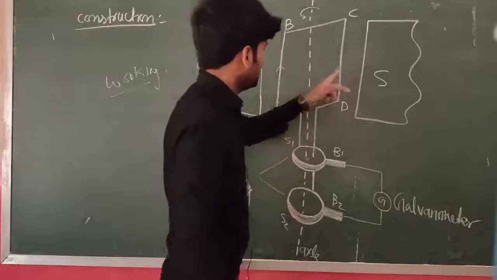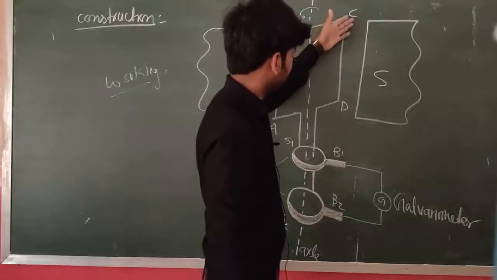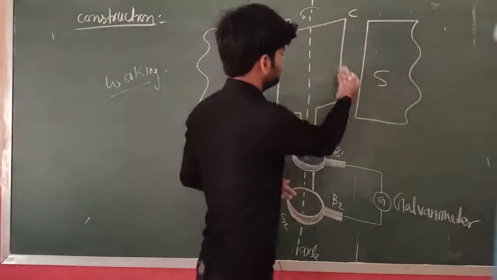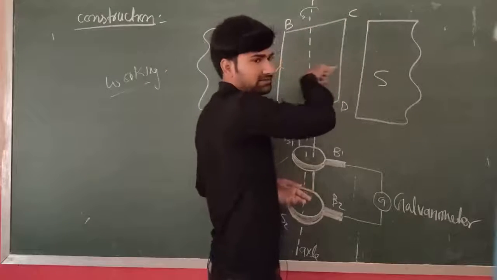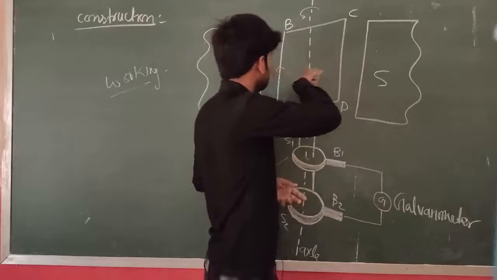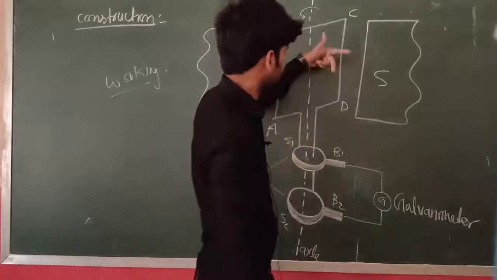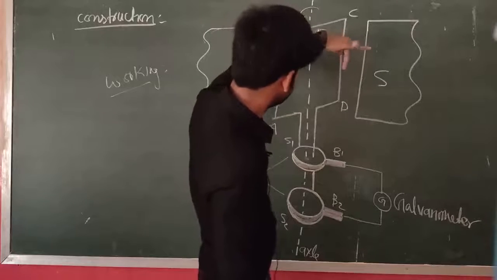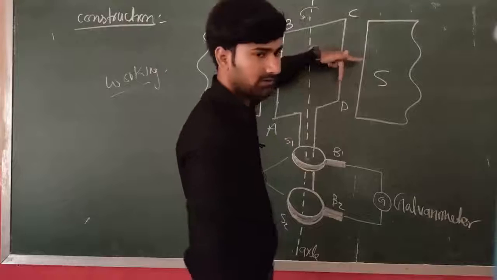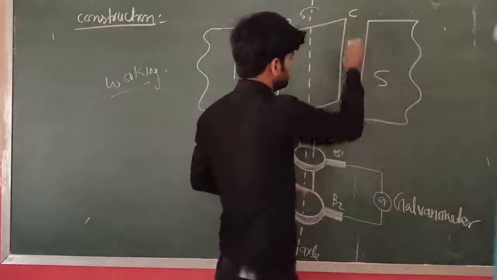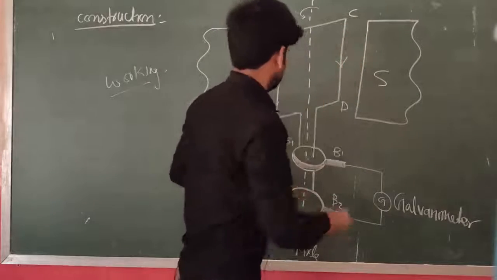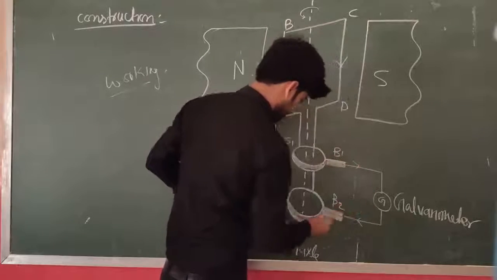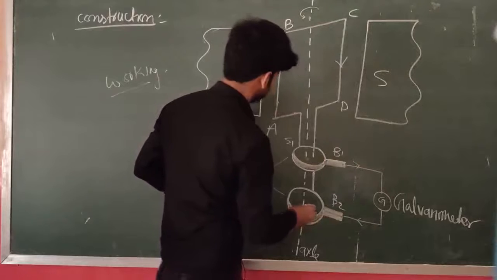Okay, and we can apply Fleming right hand rule here. So we can find this is moving upward and magnetic field lines like from N to S. So current in CD will be in this direction.